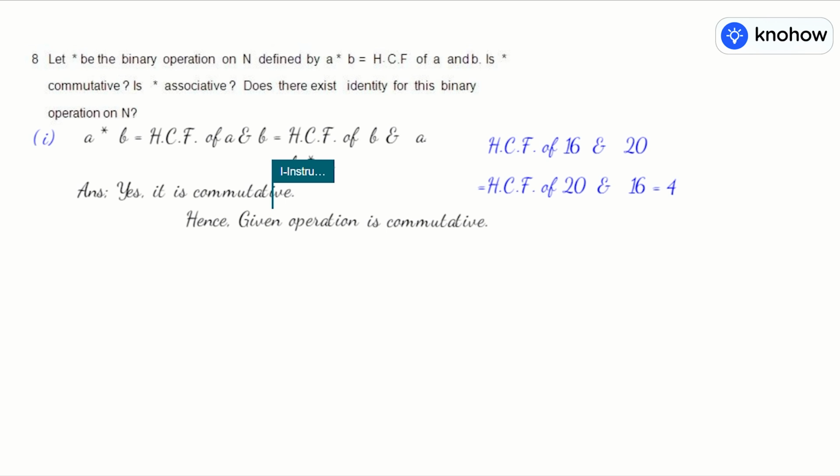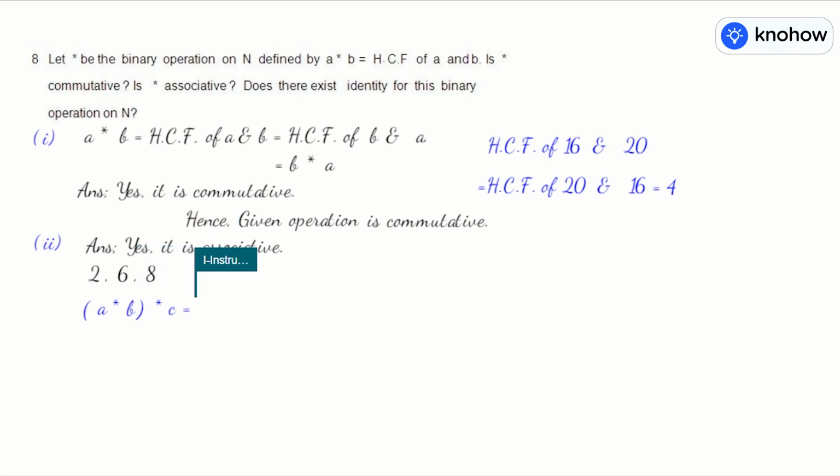Now what is the next part? Yes, it is associative, because when we are finding the HCF of 3 numbers, the order does not matter. Let me take a simple example. Say I choose numbers 2, 6 and 8. We have to prove (A star B) star C is the same as A star (B star C). For the present example, LHS is (2 star 6) star 8.